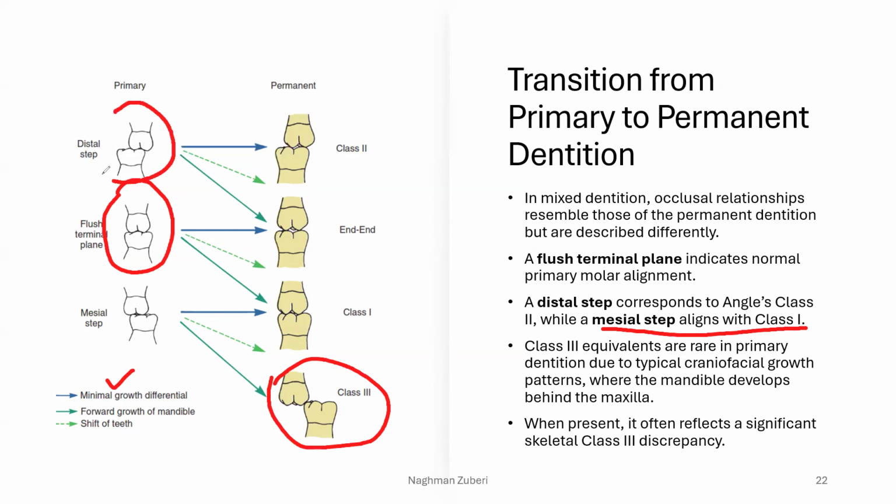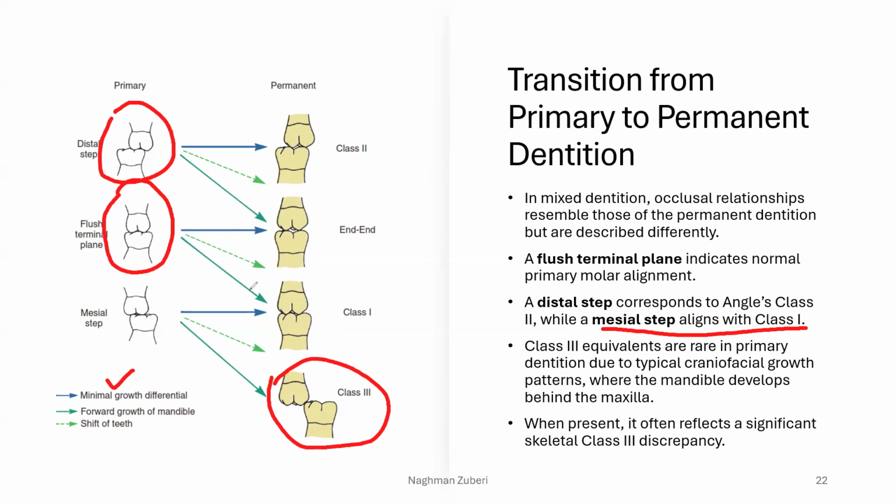Remember one important point. Distal step, which is class 2 molar relationship, will stay class 2 if there is not a lot of growth. Even if there is a growth of the mandible, it will still be an end-to-end relationship. It will never be converted into class 1 molar relationship without intervention. And what intervention?